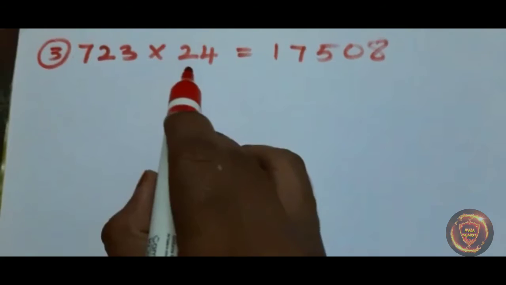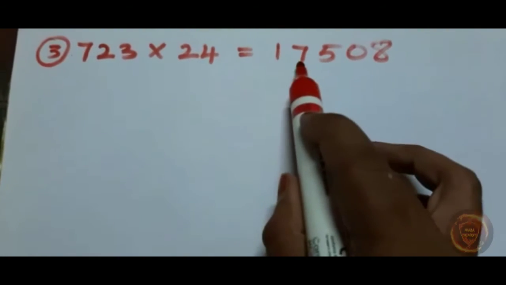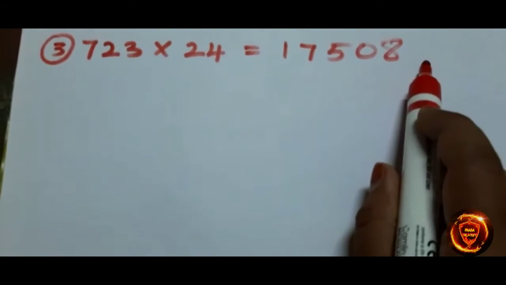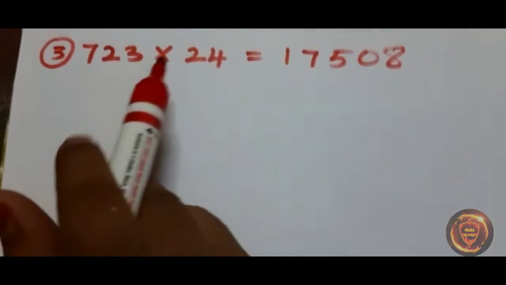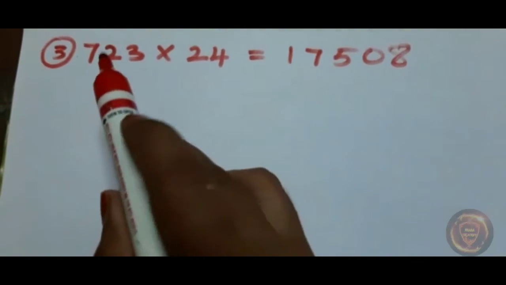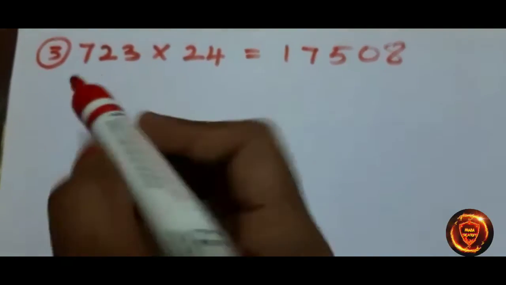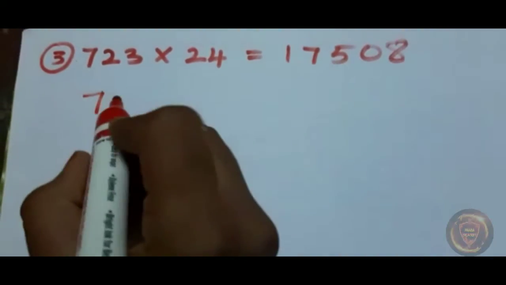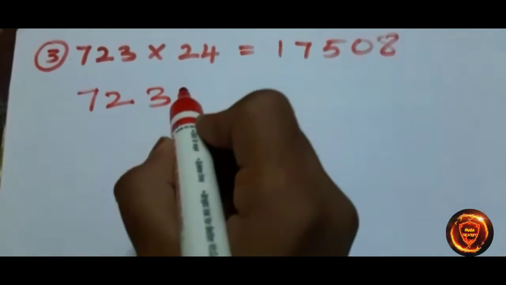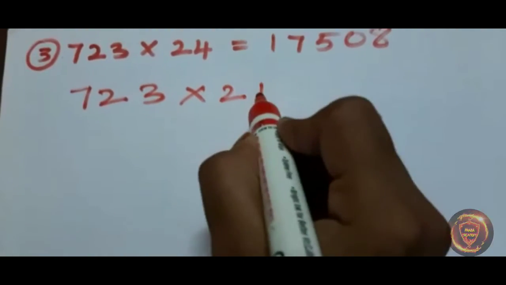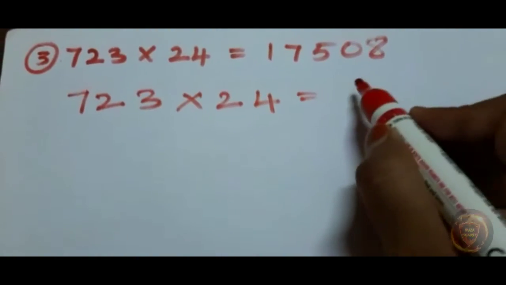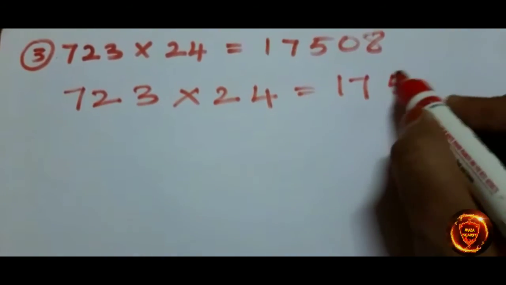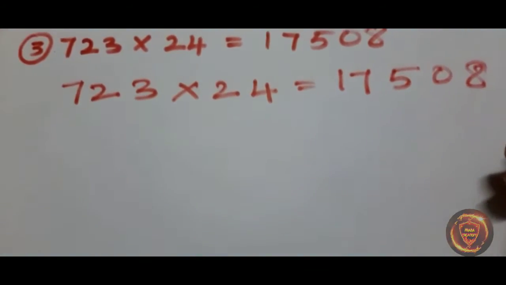723 into 24 is equal to 17,508. Now check this sum by casting out 9. First of all, write this value: 723 into 24 is equal to 17,508.